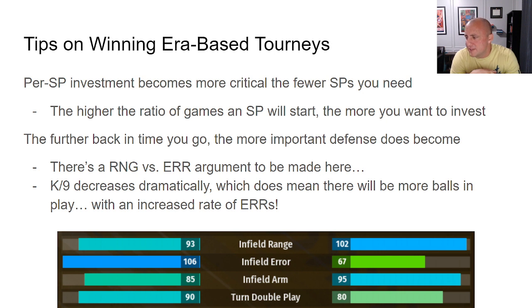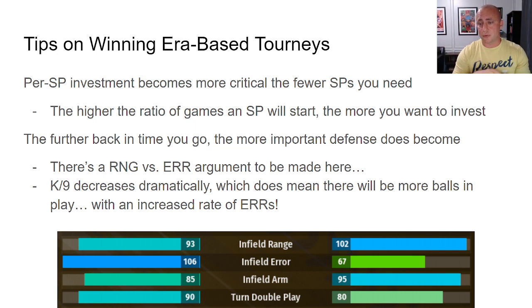Dude, it's beautiful. Yeah, so Granny Hamner has 10 errors per 200 innings of fielding innings played. He makes 10 errors to JJ Hardy's 3. So 7 errors is not insignificant per 200 innings played. I just wanted to grab this so you guys could think about it: range is not necessarily king in PT23 like it was in PT22, and we have to break that paradigm we're all stuck in.